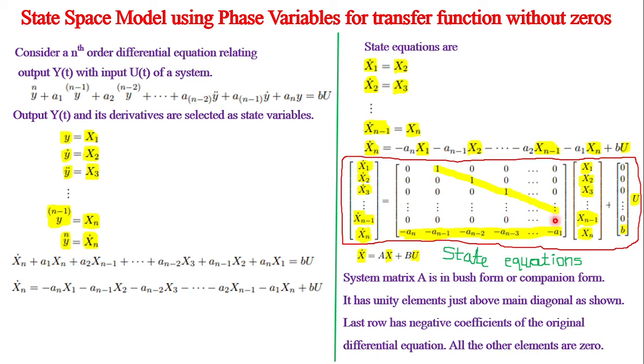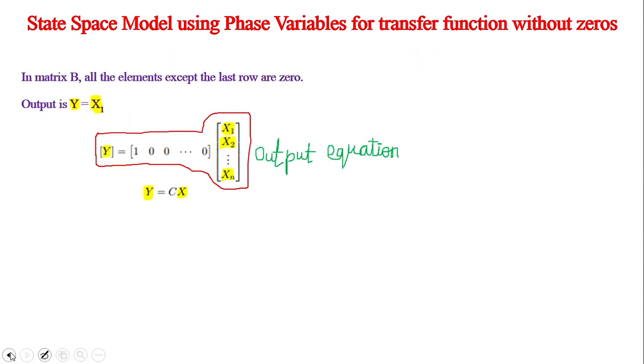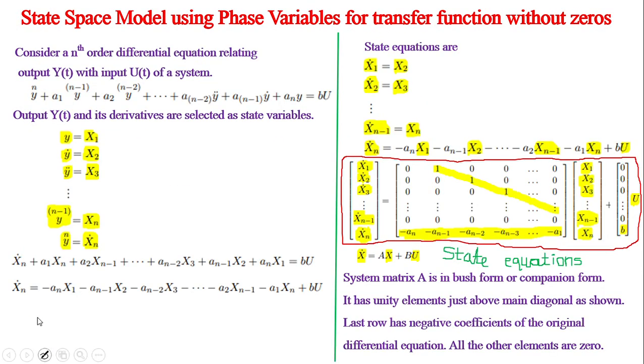xn minus 1 dot is xn. So here we have to have 1. So let me write 1 here. That is, this one corresponding to xn minus 1 dot, we will have 1. Right?